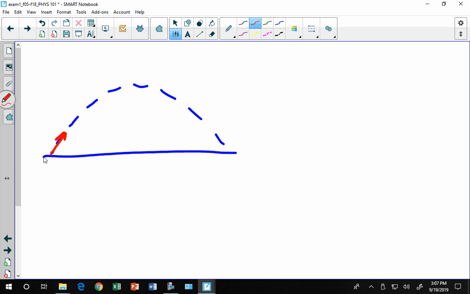If I want to know the position at this point, then I need to know the time at that point. If I want to know the position at this point, like my y height, then I need to know the time at that point. So the time that you use will depend upon which position you want.